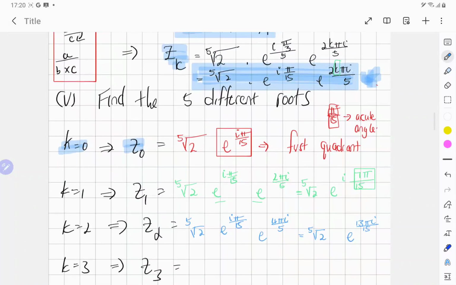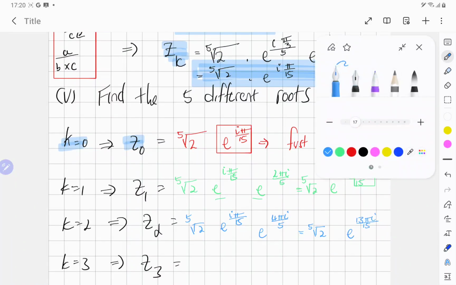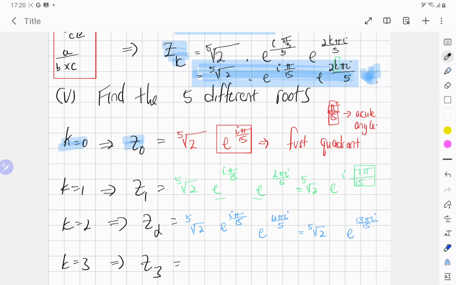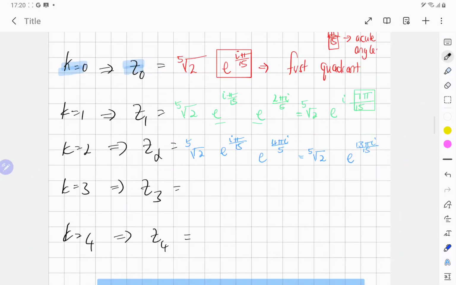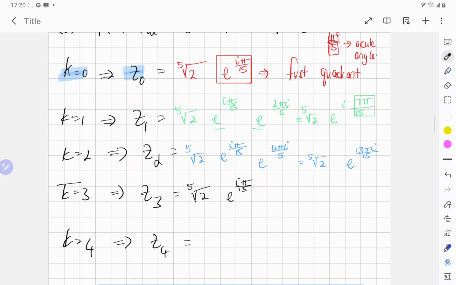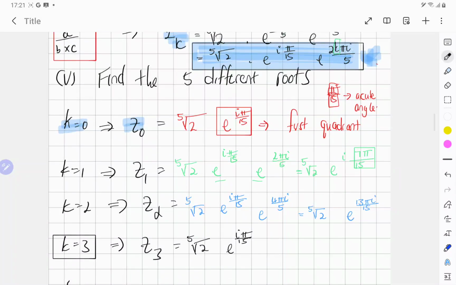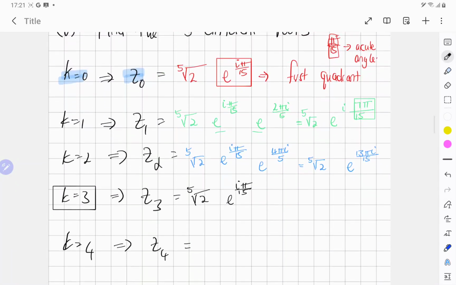Okay, so just remember, very important, that I am using this formula all the time. I'm basically just replacing k. So my next one, we are confident that these stay the same. We just now replace k with 3. 2 times 3 is 6.